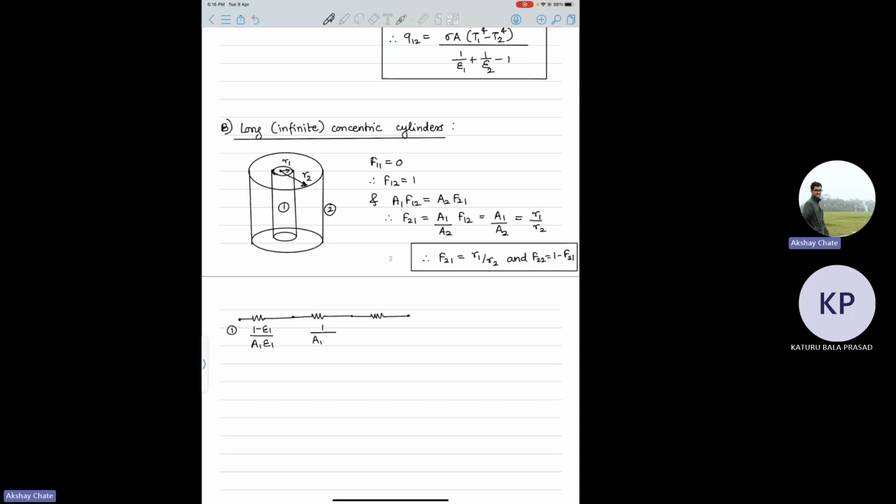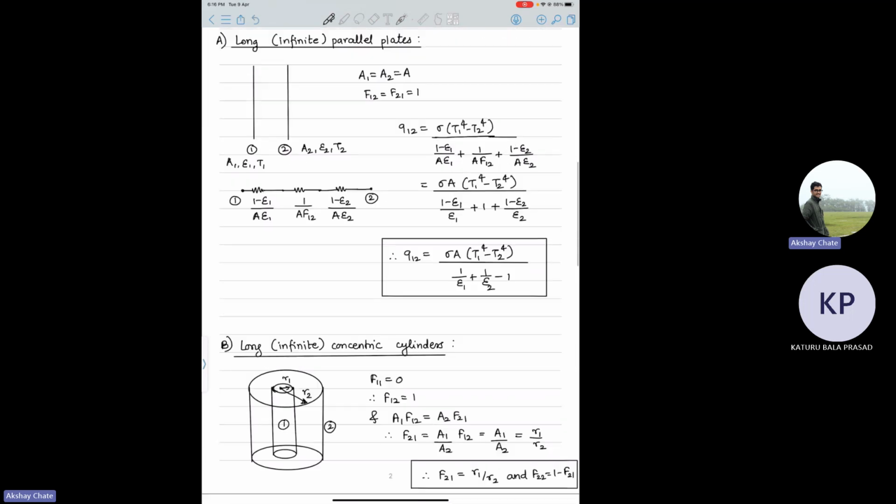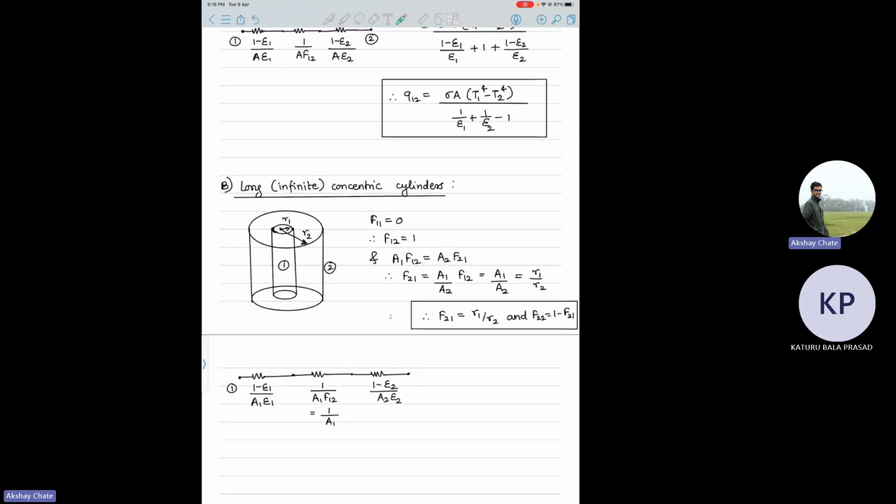This will be 1 by A1 F12. F12 is 1, so I can just write it as A1. This will be (1 minus epsilon 2) by A2 epsilon 2. Compare it with the previous case where it was only parallel plates. There we assumed that the area would be the same. But in the case of concentric cylinders, you cannot assume A1 equal to A2, right? Because the radii are different.